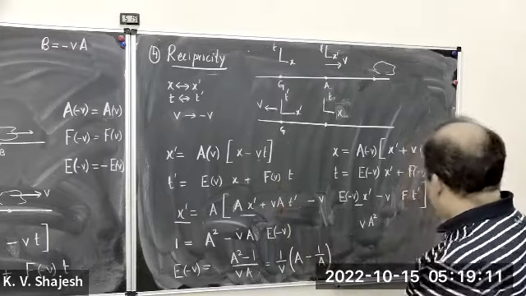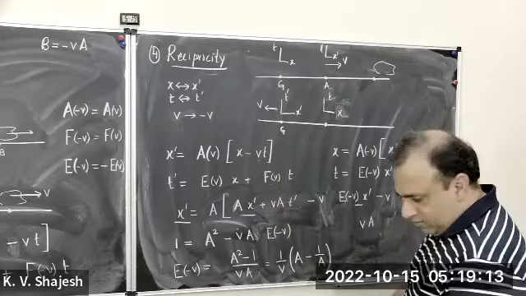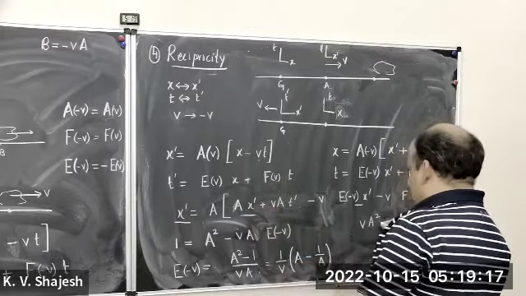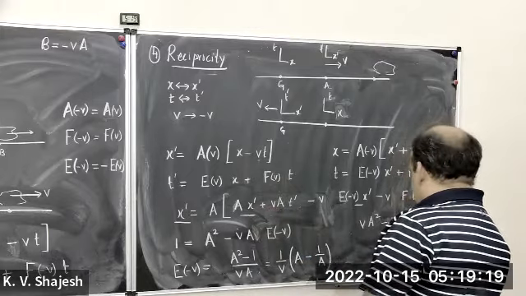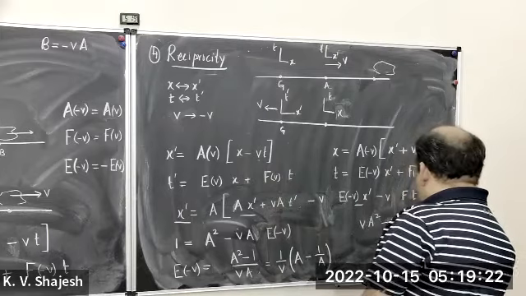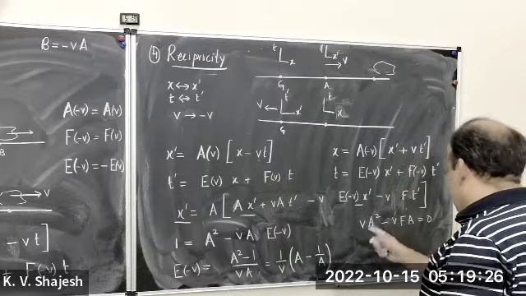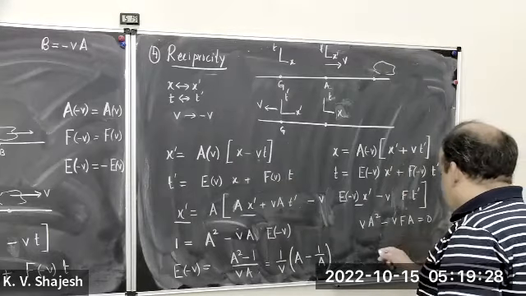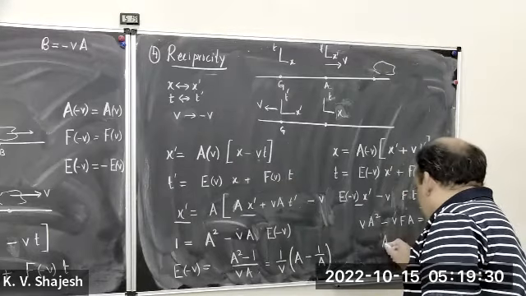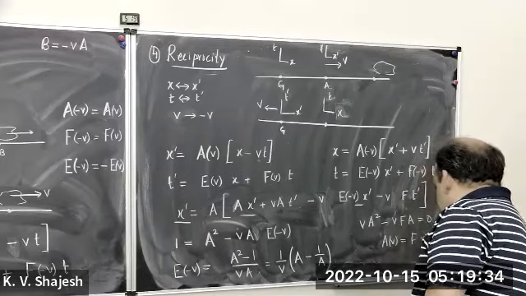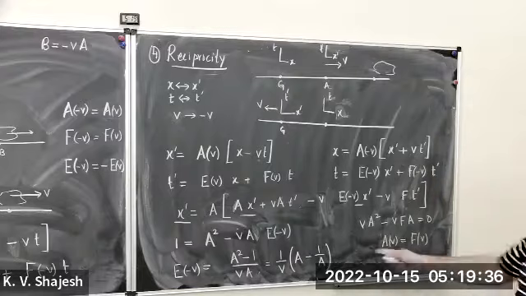I don't have to put the square. So VA square minus VFA has to be equal to 0. If A is 0, that's a solution, but this suggests that A of V is equal to F of V. So F of V we have now solved.